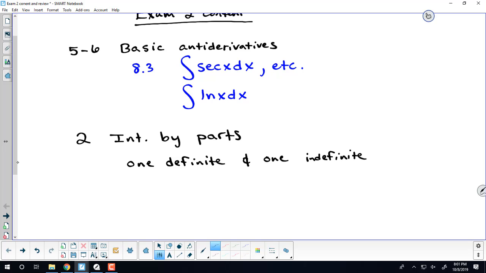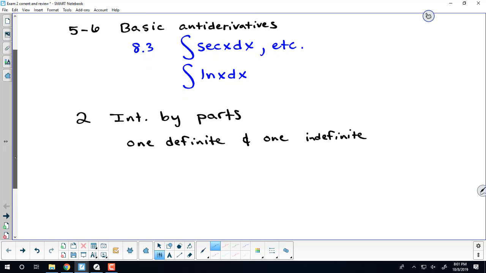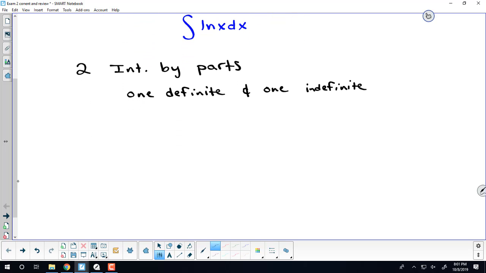For those 2, and the integrals on the exam, it will say find the antiderivative or evaluate the integral using XYZ. So it'll specify the technique that you're supposed to use. There might be 1 or 2 where no technique is specified, but if you've done the homework and you've studied, it'll be obvious which technique to use. So by and large, most of them will say, do this by this particular technique.